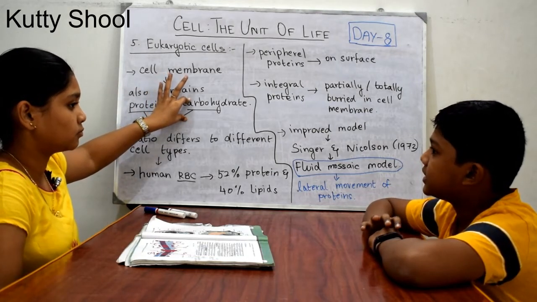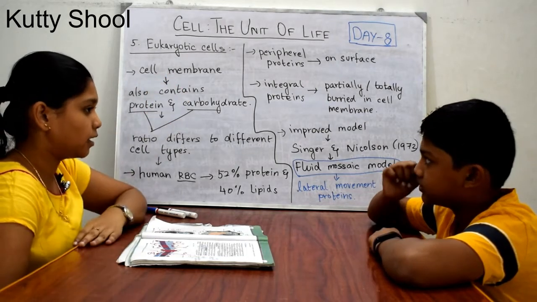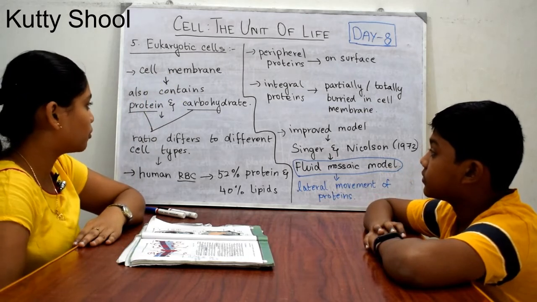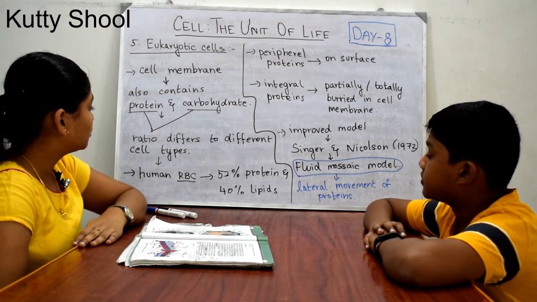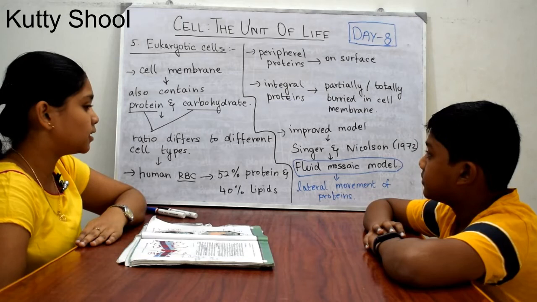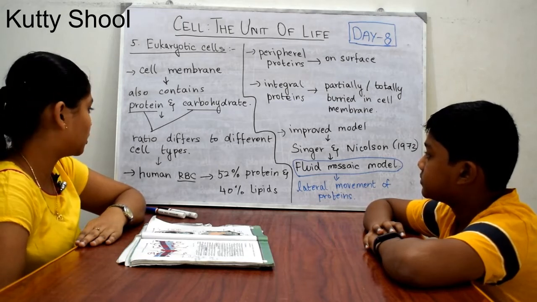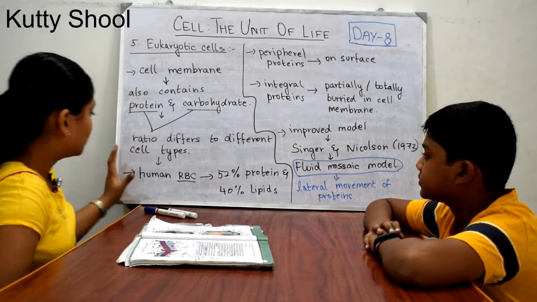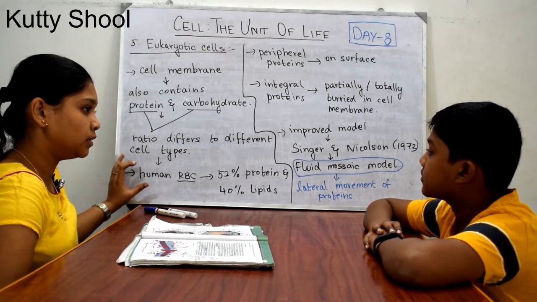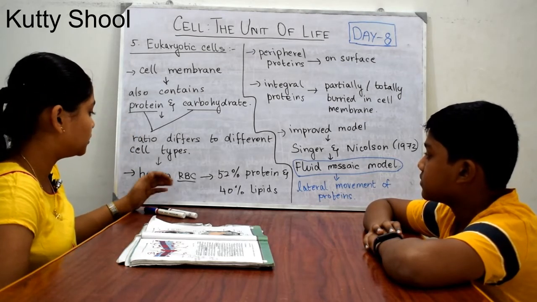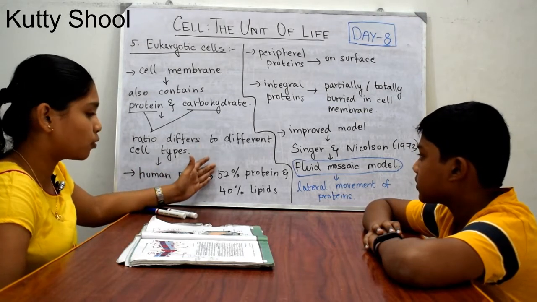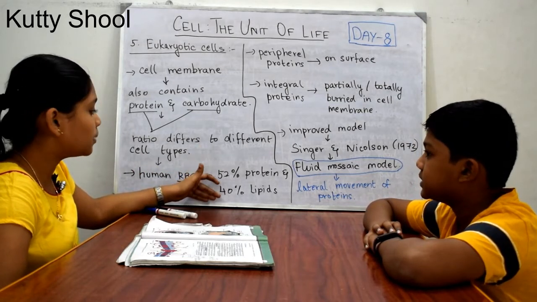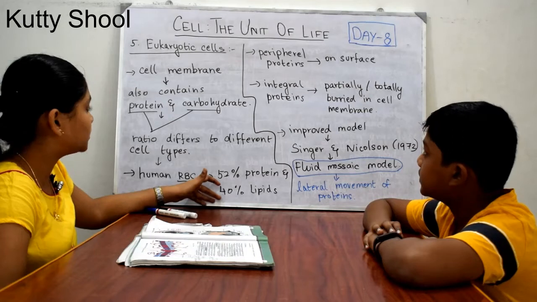The ratio differs in different cell types. For example, in human red blood cells, the cell membrane is 52% protein and 40% lipids.